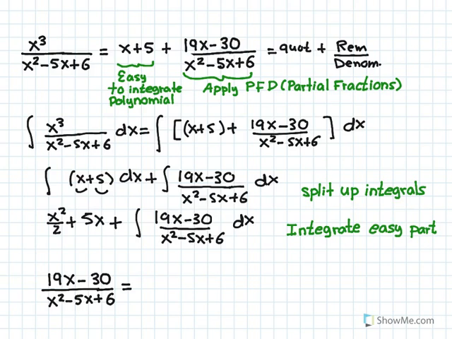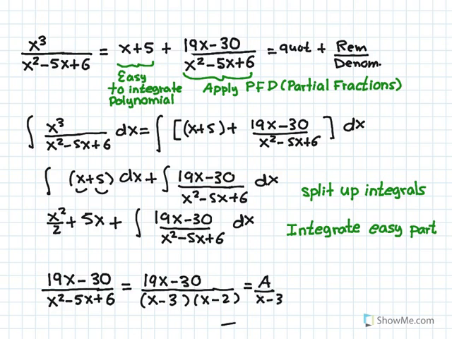So we're going to apply the partial fraction decomposition to the integral. 19x minus 30 divided by x squared minus 5x plus 6 is the integrand. Let's factorize the denominator as a product of linear factors. That's going to be x minus 3 times x minus 2. And now let's apply partial fraction decomposition. This will be a divided by x minus 3 plus b divided by x minus 2.